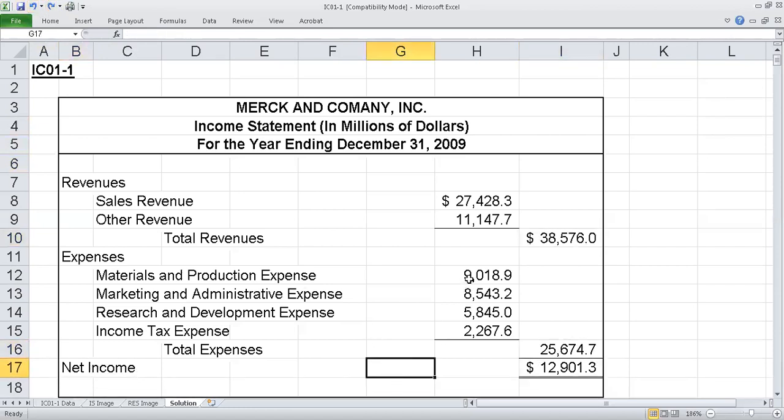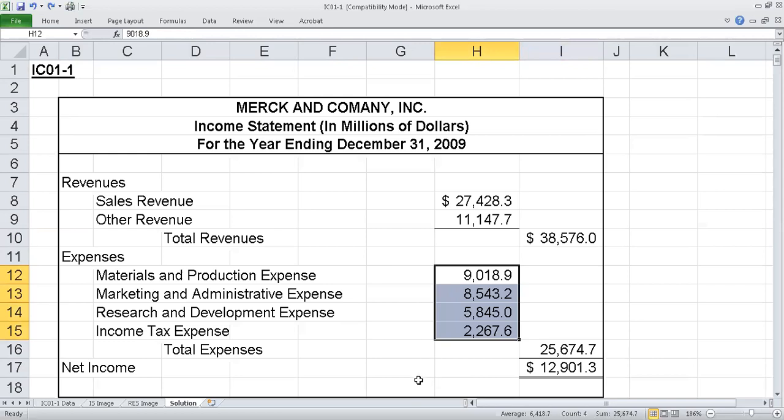Now, it is worth noting, none of these expenses are in parentheses, even though we are subtracting these expenses from revenues. And that's worth a couple seconds of discussion. Unlike in mathematics, we do not indicate function by putting these numbers in parentheses.